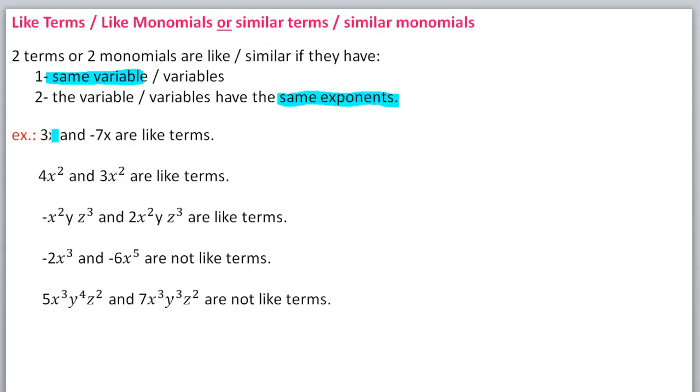How? 3x and minus 7x. We never look at the coefficients. We just look at the variable with its exponent. So x with exponent 1, x with exponent 1. Those are called like terms.